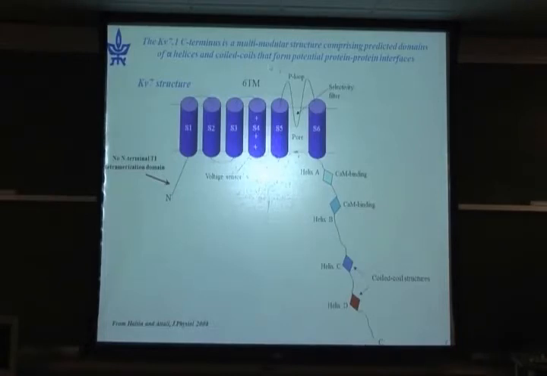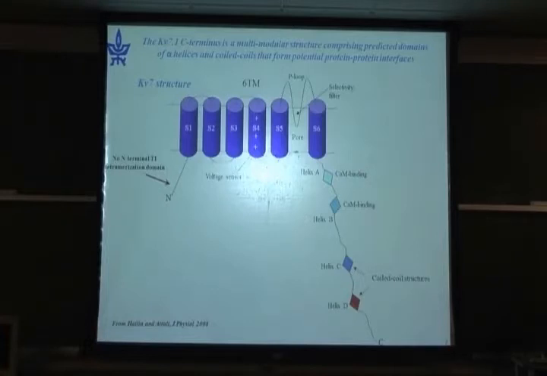It's a multimodular structure comprising, in terms of the prediction of the secondary structure, domains of alpha helices and coiled-coil domains that form important protein-protein interfaces. By the way, I should mention that the Kv7 family of potassium channels do not have a T1 tetramerization domain in the N-terminus. On the contrary, the assembly domain is located in the C-terminus.